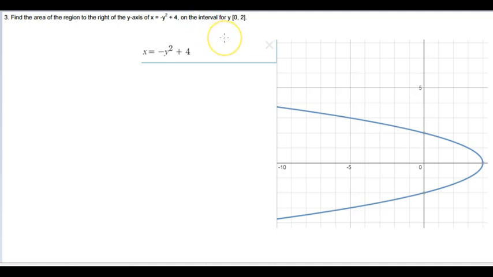You know what? I'm going to save that for the next explanation. So let's just complete this one the way it was delivered. And so we're finding the area between the y-axis and the interval from 0 to 2. So just from here, where y equals 0, to here, where y equals 2.